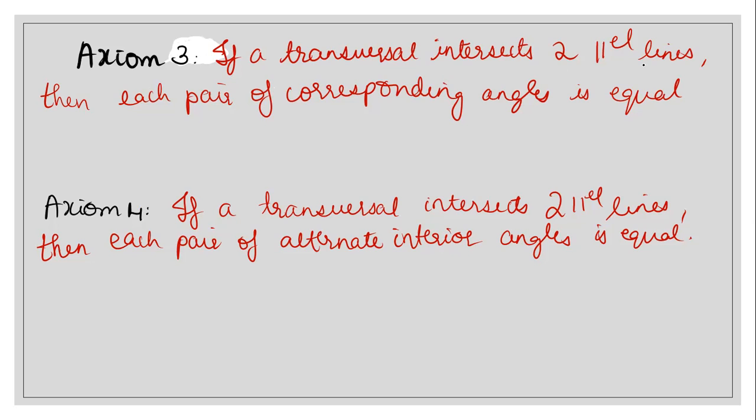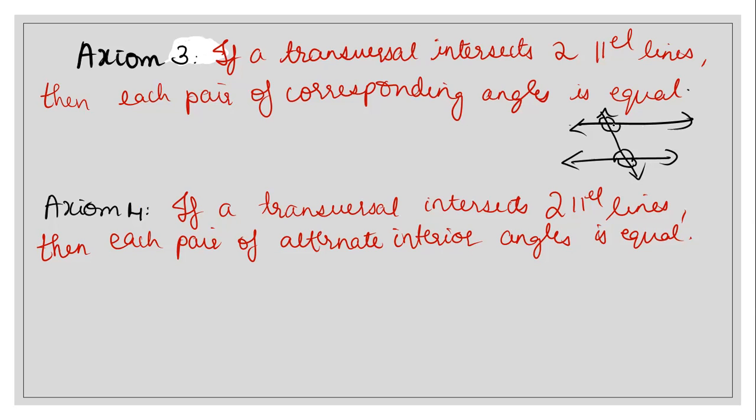If a transversal intersects two parallel lines, then each pair of corresponding angles is equal. So I have two parallel lines. And according to the statement, if a transversal intersects two parallel lines, then each pair of corresponding angles means this one and this one, then this one and this one, and so on.